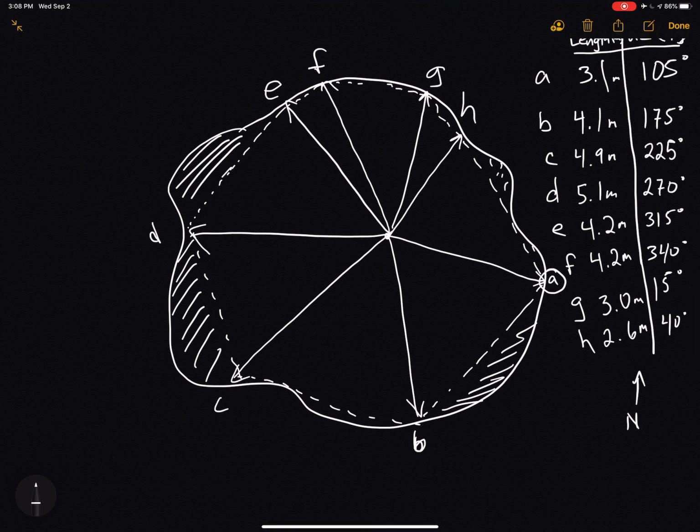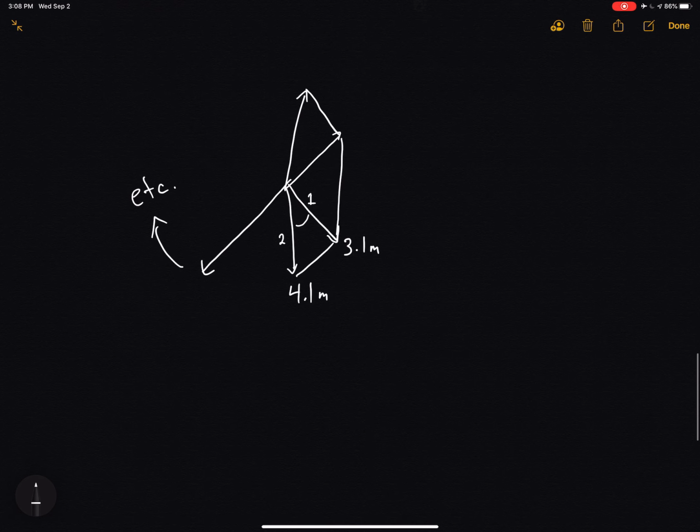So 175 degrees for radius B minus 105 degrees for radius A corresponds to a 70-degree angle between radius A, labeled side 1, and radius B, labeled side 2. Okay? Cool.